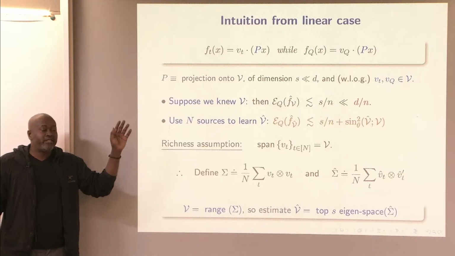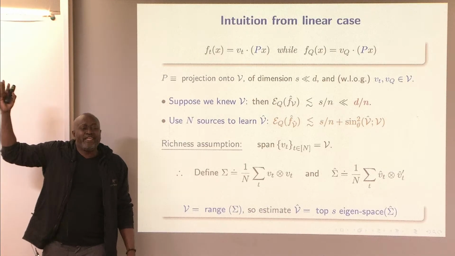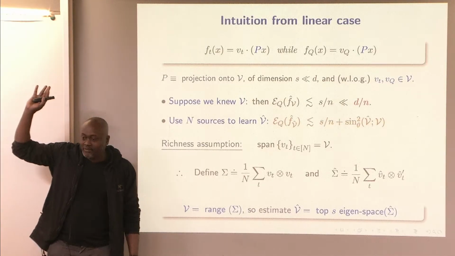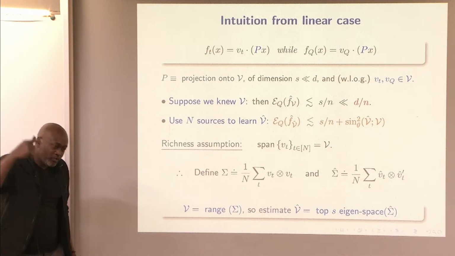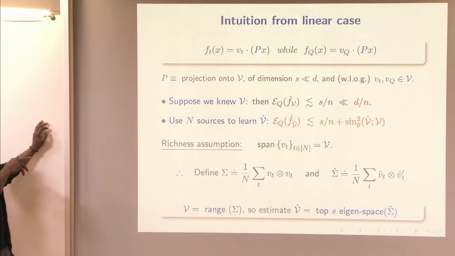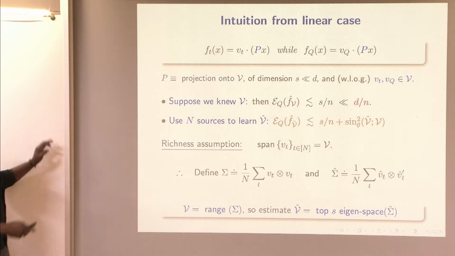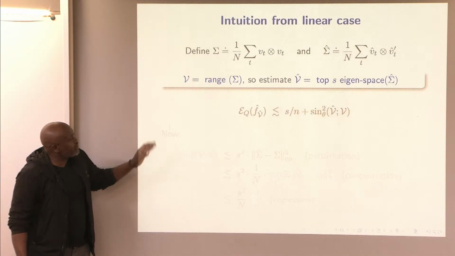And when I say linear case, the RKHS case is also linear, but it's infinite dimensional linear, right? So that's the way to view it. It's linear through a nonlinearity, which sounds funny if you say it that way. So we want to estimate this V through a V hat. And then the analysis is actually simple.